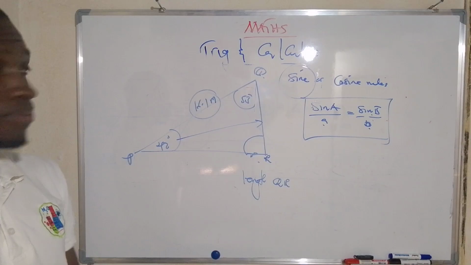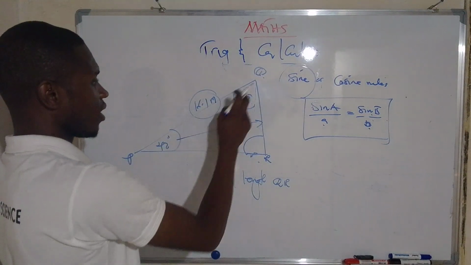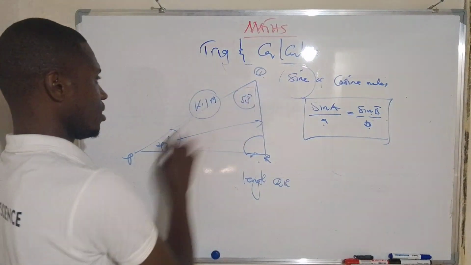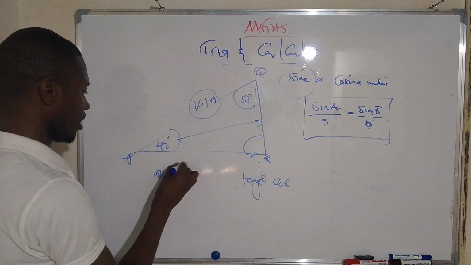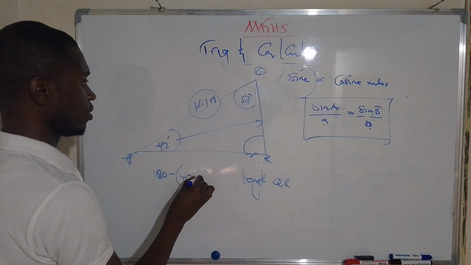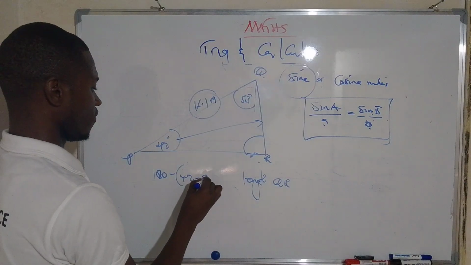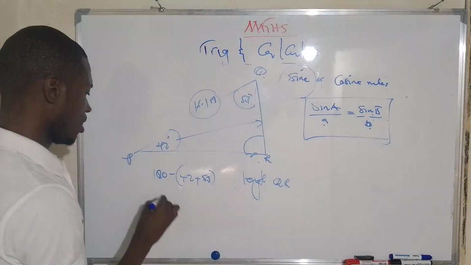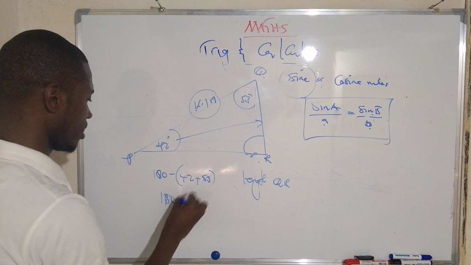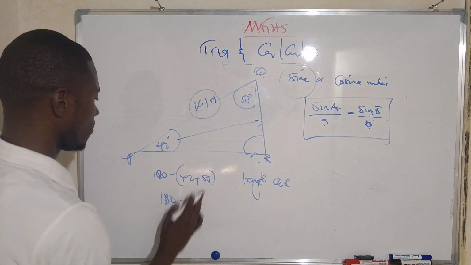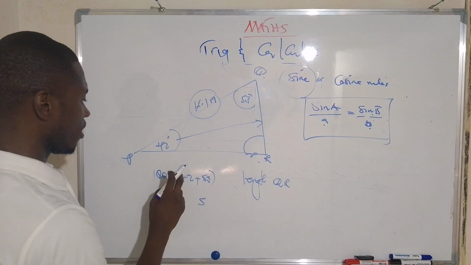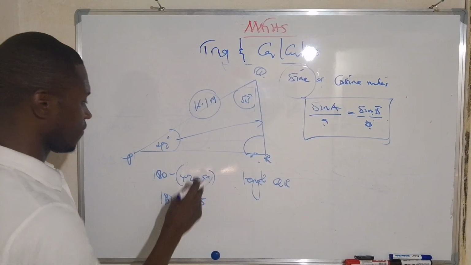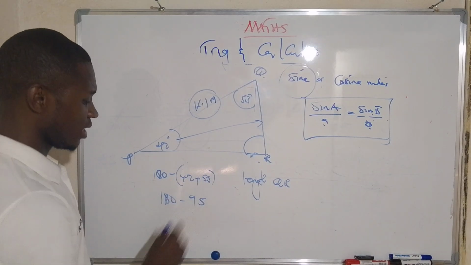So like I said, since we have this angle and this angle, we are going to add these two and say 180 minus then 42 plus 53. So now here 2 plus 3 are going to get 5, then 4 plus 5 are going to get 9, so I have 95 there.